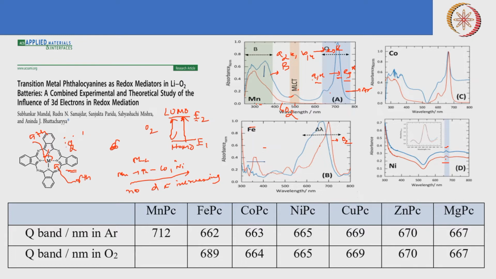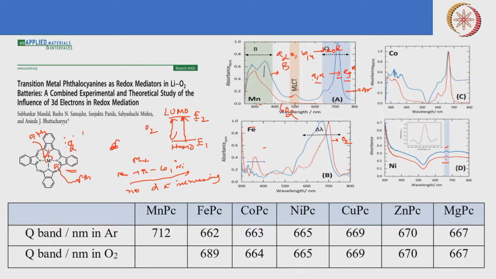As the d electrons increase, the oxygen also has a lone pair, so lone pair repulsion is there. For this the coordination or interaction is not so strong, so we are not able to observe the effect of oxygen for cobalt and nickel.